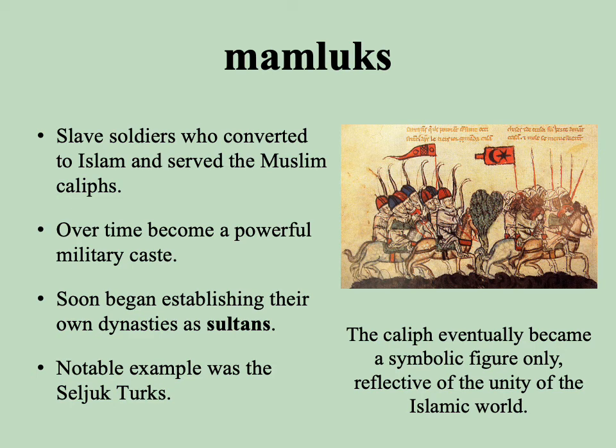Right, so the caliphate will continue, but it becomes a symbolic figure. But the real political power will lie with sultans, and related to this, we see the Abbasid Caliphate fragment into a much larger number of smaller kingdoms or sultanates.